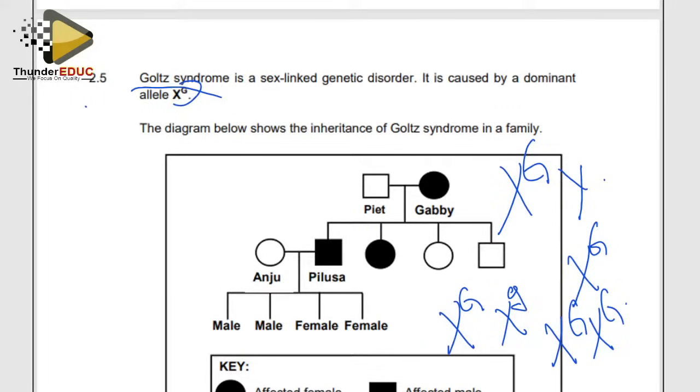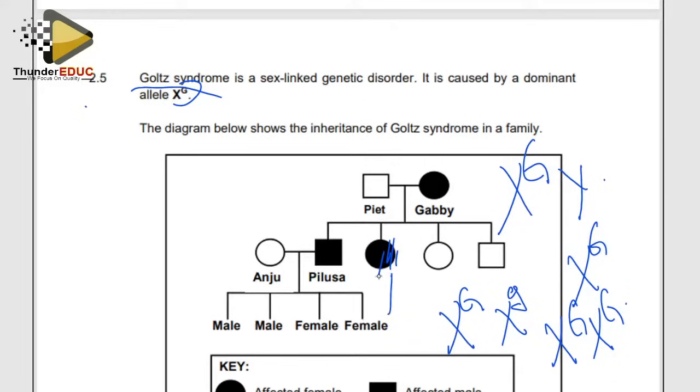All right, we're saying that this disorder, they have said is caused by sex linked. They will always say in the question that it is caused by sex linked. If they don't say it's caused by sex linked, please do not use X and Y. So that one is done. Number 2, whenever it is sex linked and a dominant allele, make sure that you use a capital letter.